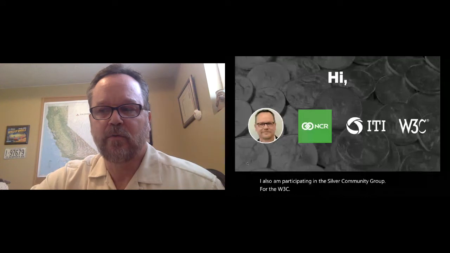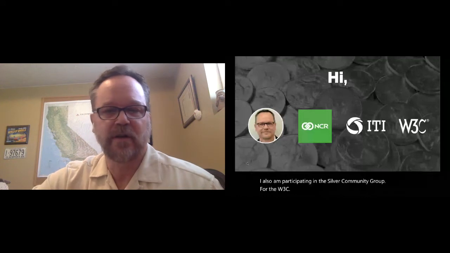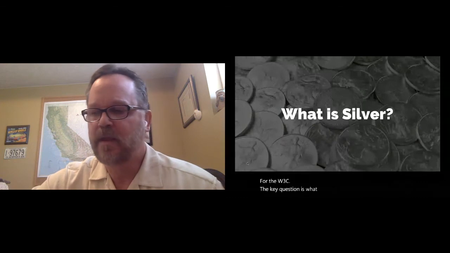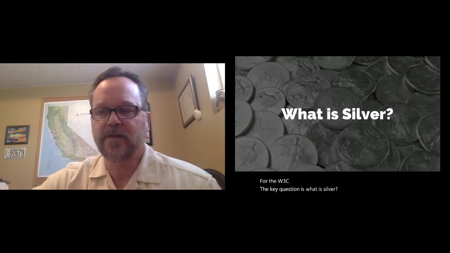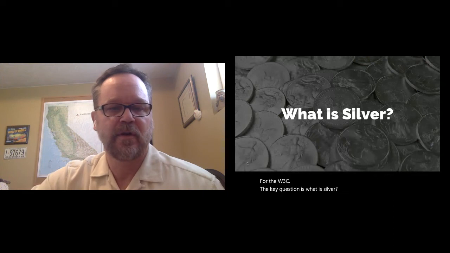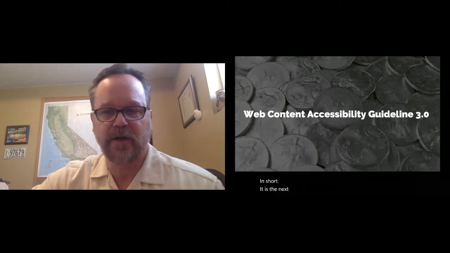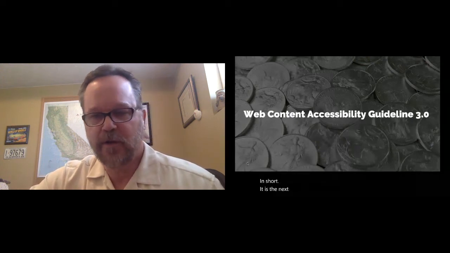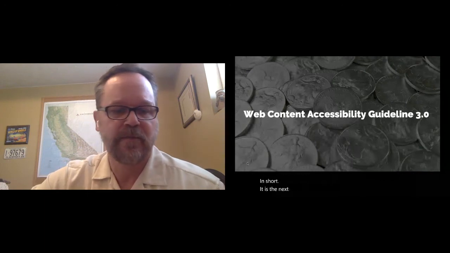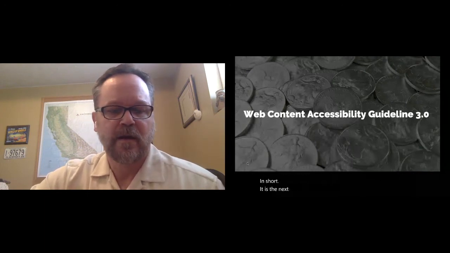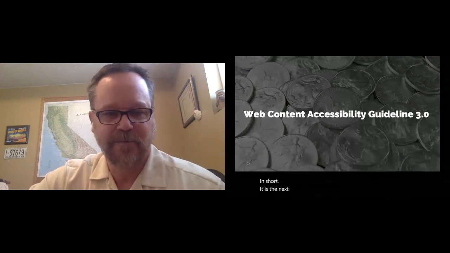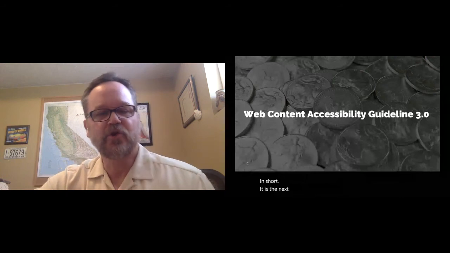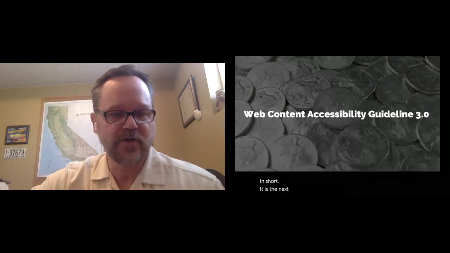So the key question is, what is silver? In short, it is the next evolution of the Web Content Accessibility Guidelines, and it will be 3.0. Now, Web Content Accessibility Guidelines is a mouthful, so we shortened that to WCAG.